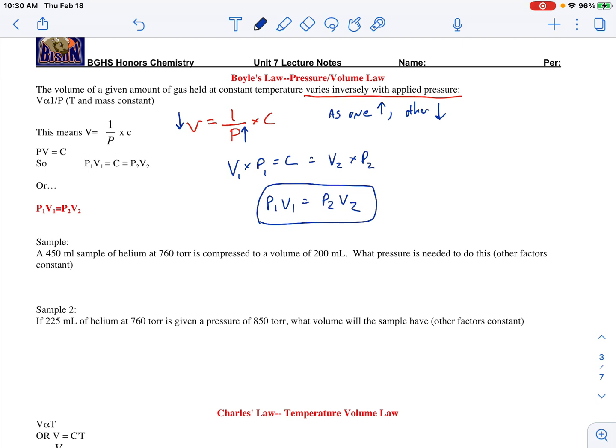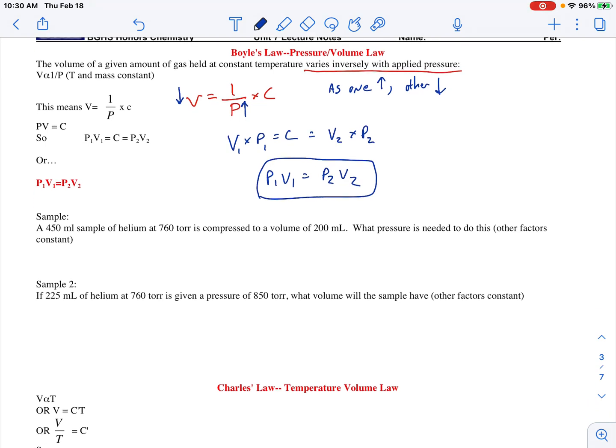So let's try this first example. A 450 milliliter sample, so milliliters is volume, right? So we can call this V1, of helium at 760 torr, so that would be P1, the original pressure, is compressed, so it's squeezed, and the new volume is 200 milliliters, so that's V2.